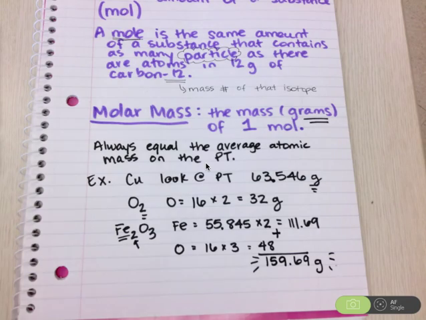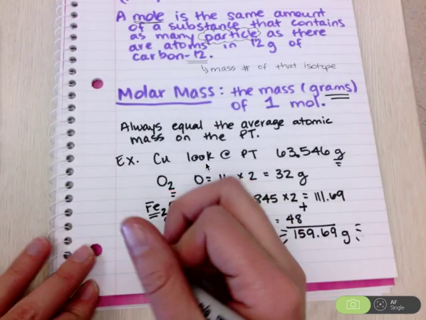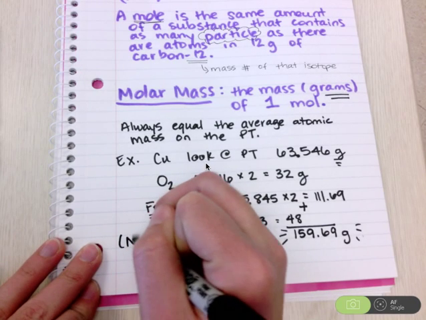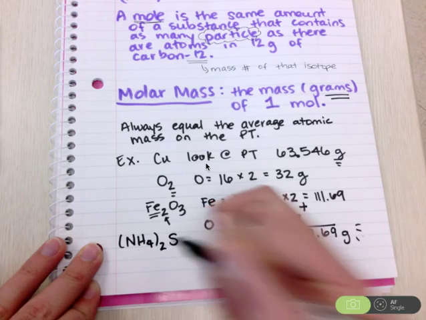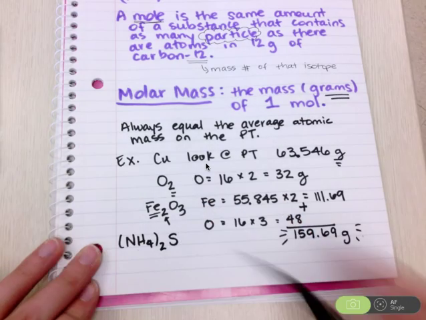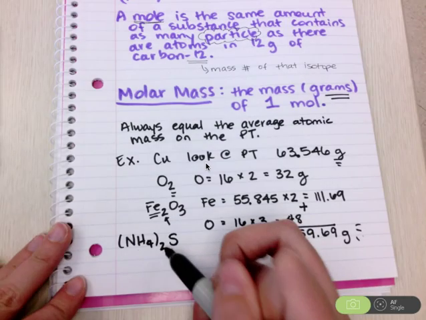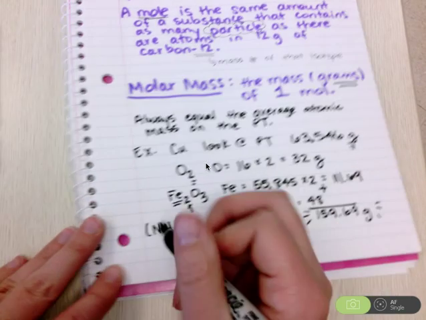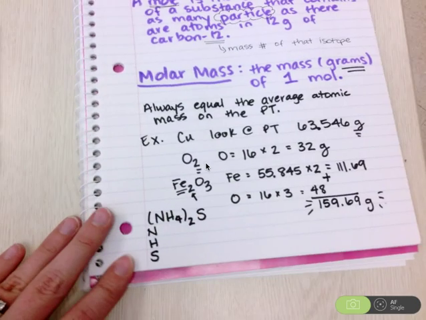We're going to do one last example, and this one's going to involve parentheses, so it's going to be a little more complicated. We're going to do ammonium sulfide. Ammonium is NH4, and sulfur is an S, and I cross that charge down to get that 2. This 2 matters when we do molar mass. So I've got nitrogen, hydrogen, and sulfur.